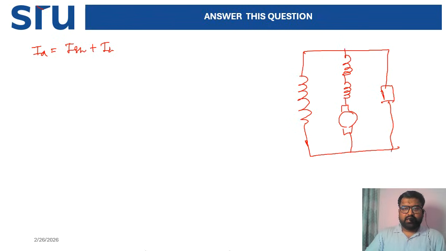And here we already put that IA. IA we have to calculate because ISH we already calculated, and here IL is already given, that is 200. ISH is your 3.33. Okay, that means IA we can easily calculate, that is 200 plus 3.33.